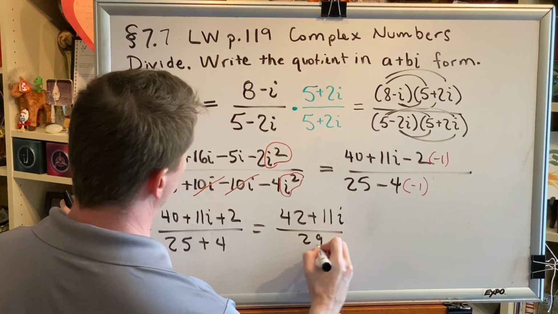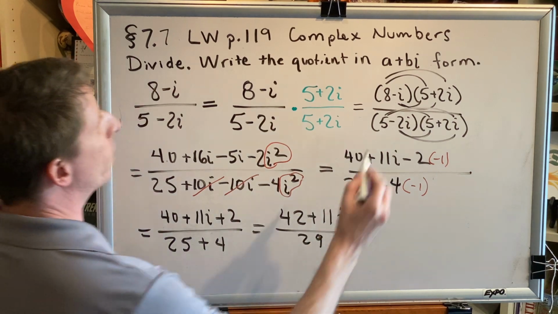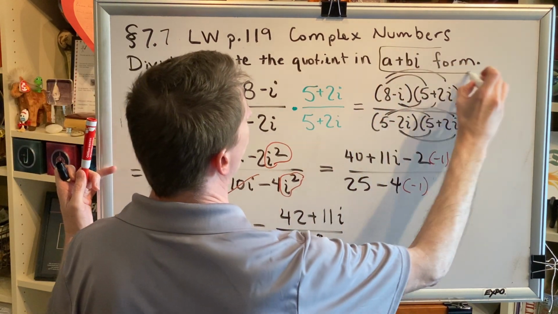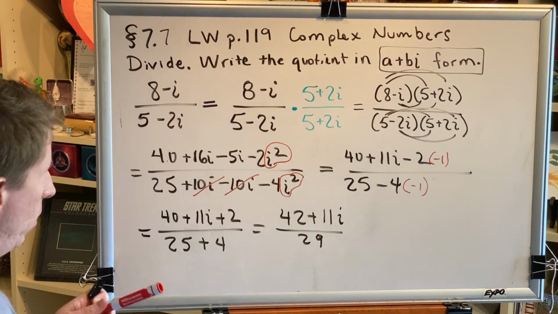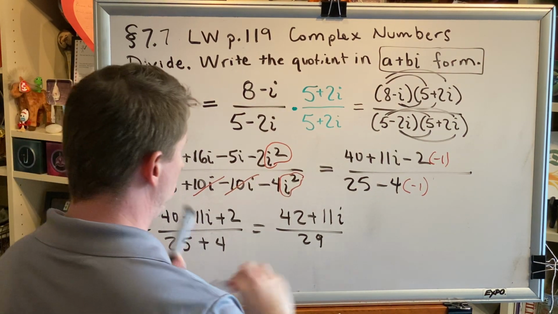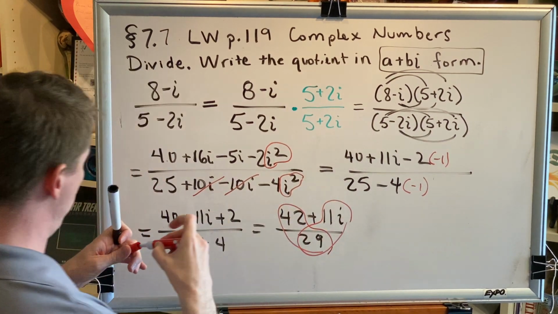over 29. Now this is equivalent to the final answer, but we have to write our final answer in a plus bi form, which means i is not allowed to be part of a fraction. So we draw the heart, and each one of the pieces of our numerator gets divided by the denominator.